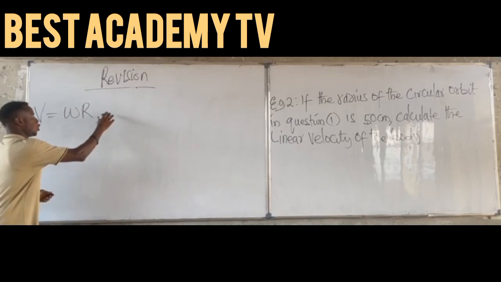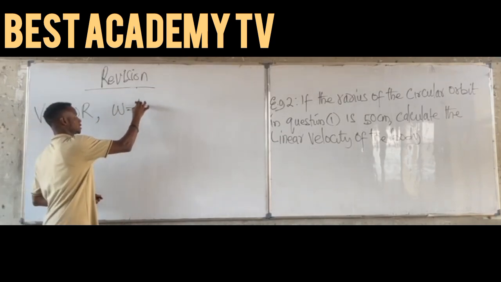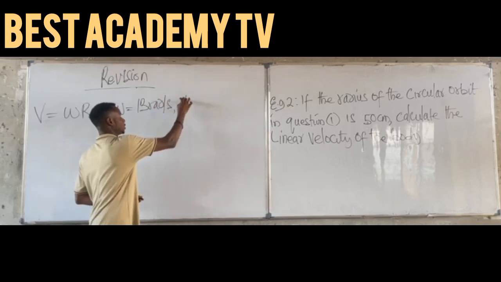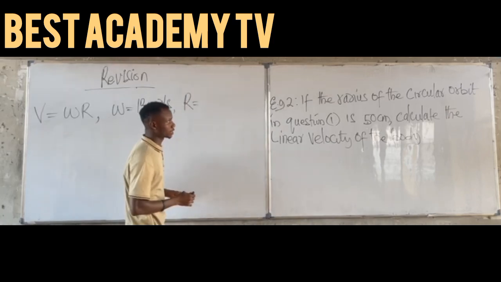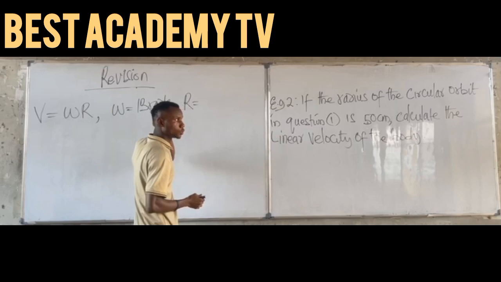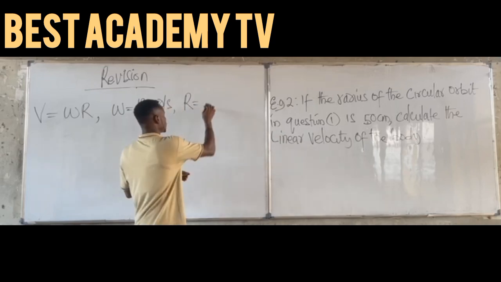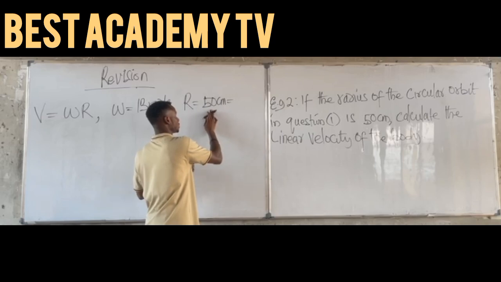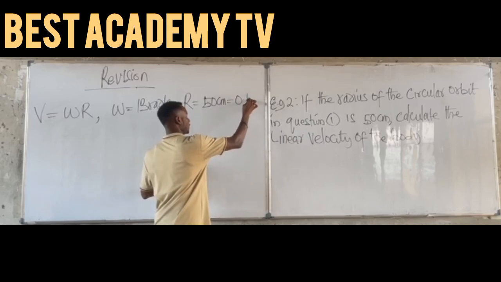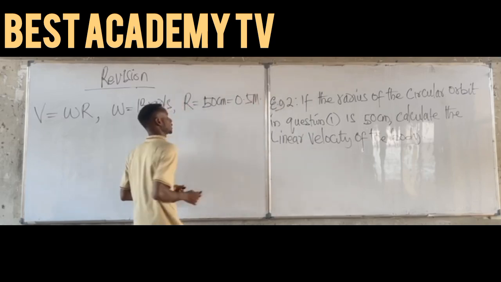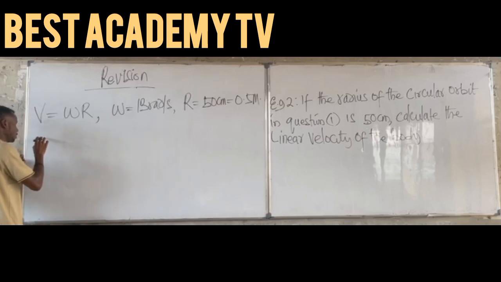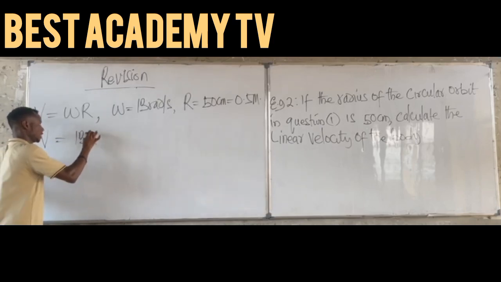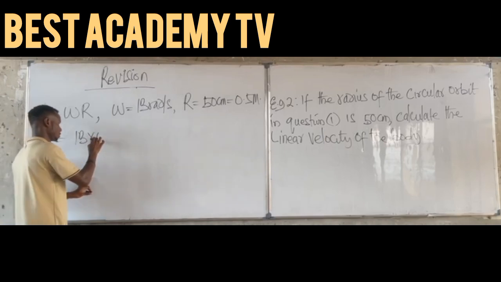Now our omega is already 13 rad per second, and they gave us radius to be equal to, class, 50 cm. So convert this to meters. What is the answer? 0.5 meters. Alright? Now that means our v here will be equal to, class, omega is 13 times r is 0.5.